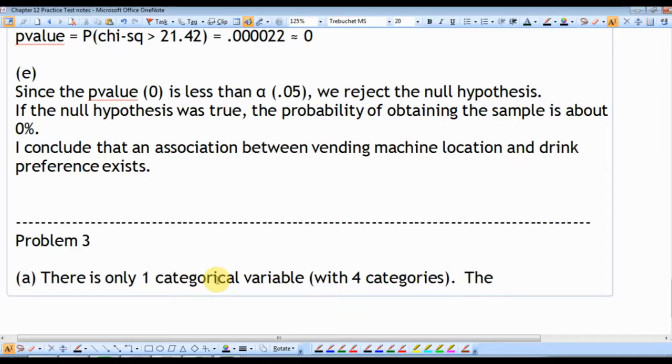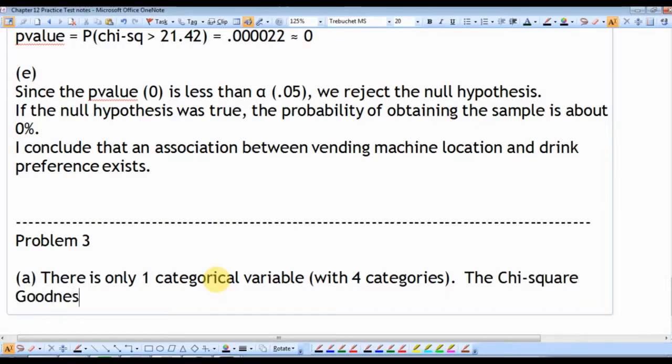The chi-square goodness of fit is most appropriate. If there's one variable and they don't give us the different proportions for each observation, we assume that it's all the same, right?